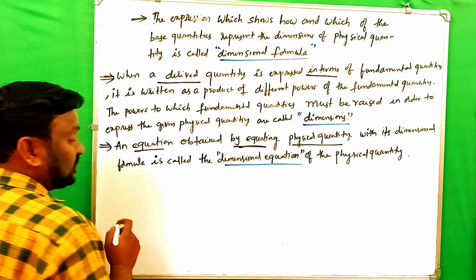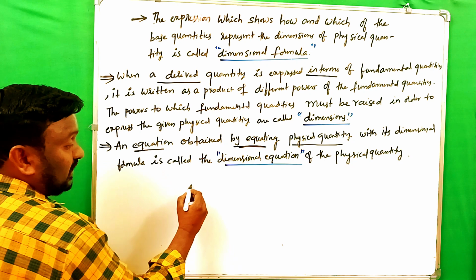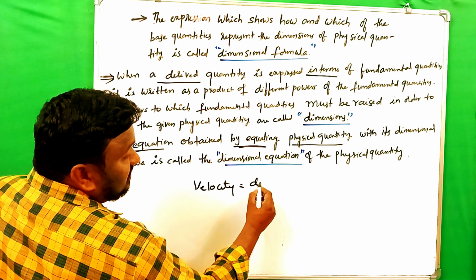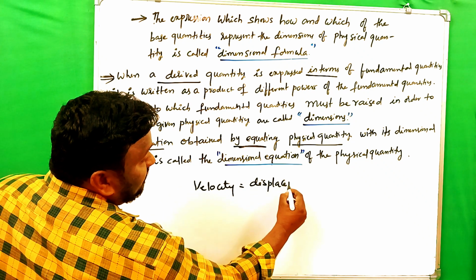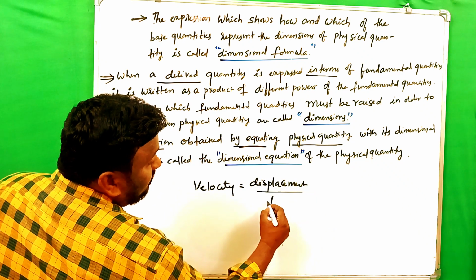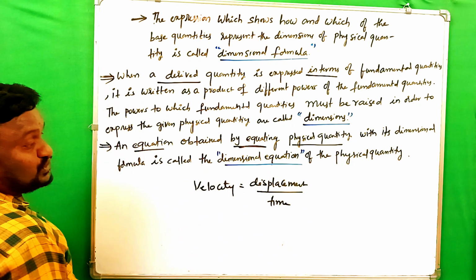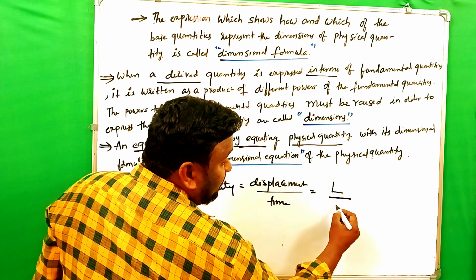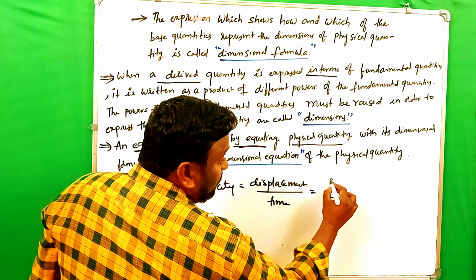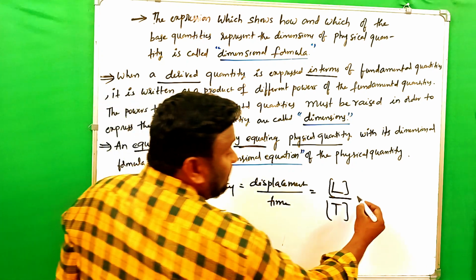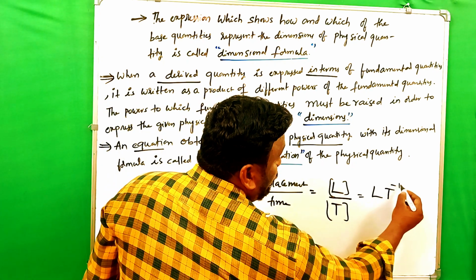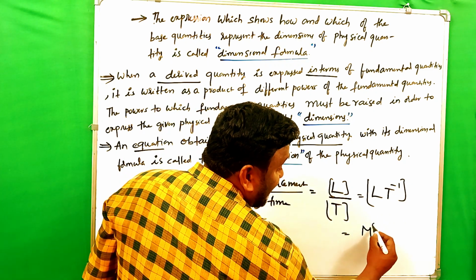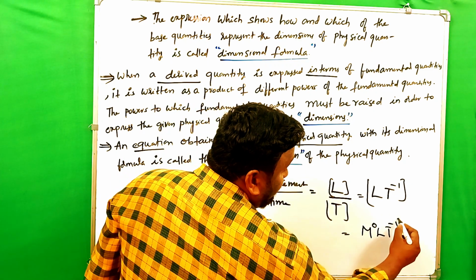So for example, look carefully, here we say velocity. Velocity equals what? Displacement by time. The dimensional formula of displacement is L and of time is capital T. Then what do we write here? L T inverse 1, and it can also be expressed like this: M to the power of 0 L T to the power of minus 1.